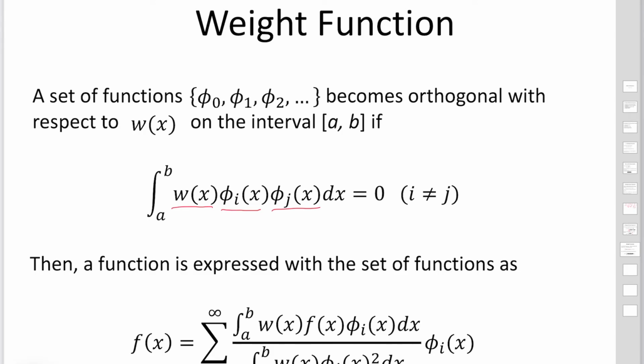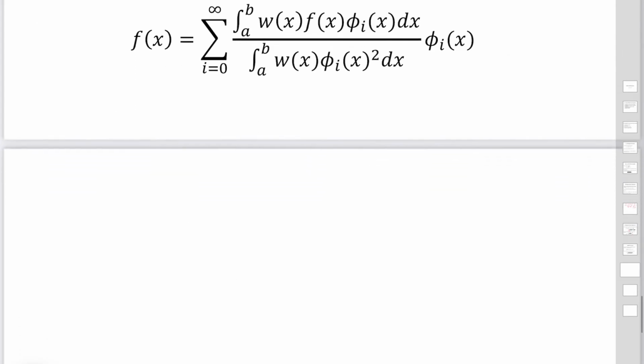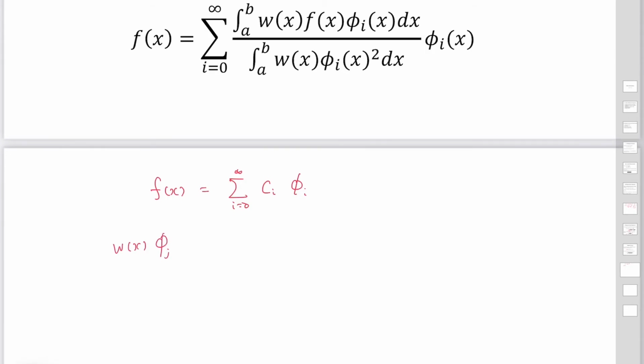The function is expressed with this set as f of x equals the sum from i equals 0 to infinity of c sub i phi sub i. Then we multiply by w of x and phi sub j of x and integrate from a to b.